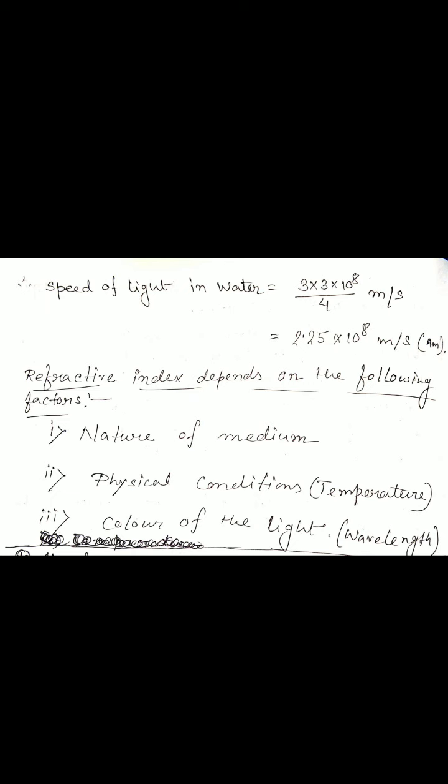Another one is the color of light, which color of light we use, red, blue, that is the wavelength. And another one is the physical conditions, that is temperature. We also say that the velocity is included in the nature of medium, because in a rarer medium velocity is more, and in a denser medium velocity is less.